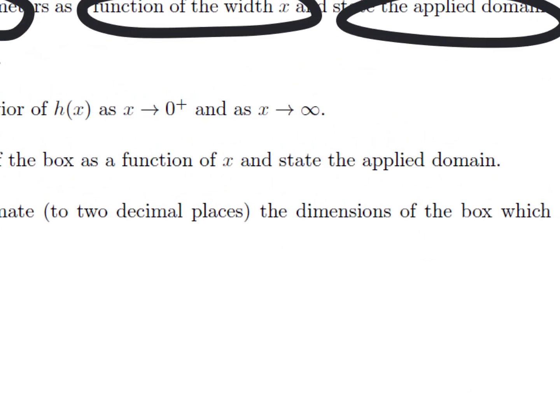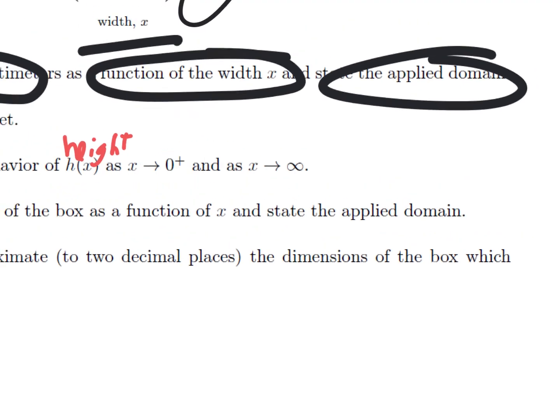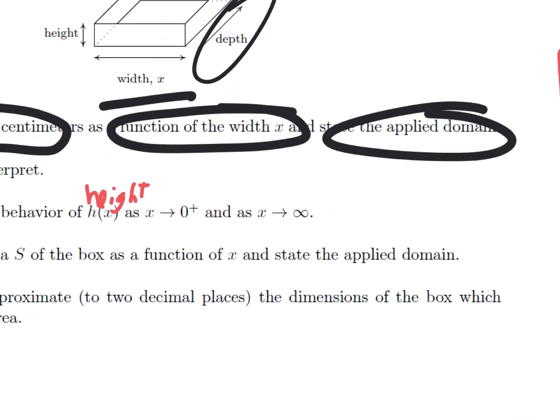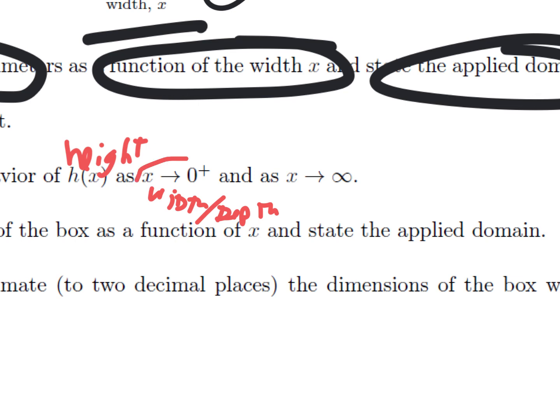Now let's talk about what this means. This is height, and I always find that it makes sense if you change these into what they are. And this is like, well, x is like the width and depth. As x gets closer and closer to 0, you don't know what that little raised plus means, that's okay.